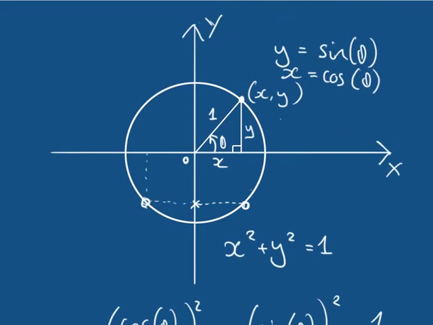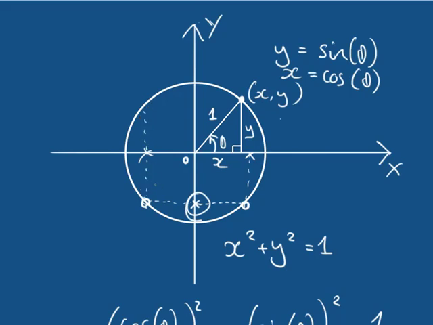Each of them has a different x-coordinate. There are 2 possible values of cosine of theta, our x-coordinate, when we know one value of sine theta, our y-coordinate. And in a similar way, there are actually 2 possible values of sine theta when we know cosine theta. If we knew that cosine theta was equal to this negative value of x, there are 2 y-coordinates that satisfy this. One is positive and one is negative.